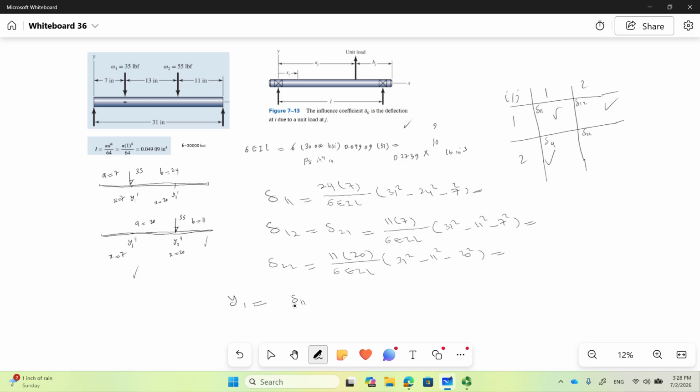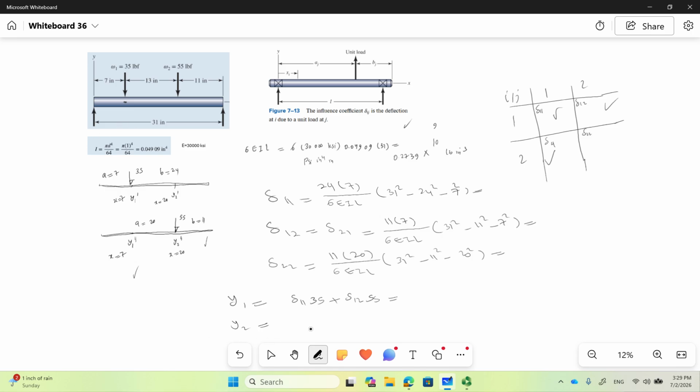But we have to scale it up, because my load is not a unit load, it's 35. So I have to multiply by 35, and then plus delta 1,2. Delta 1,2 was the deformation at that point when the unit load was applied to the second point. So again, delta 1,2 is for a unit load. I have to multiply it by 55, then that's going to give me my deformation at point 1 as a result of these two forces combined. So you find it like that.